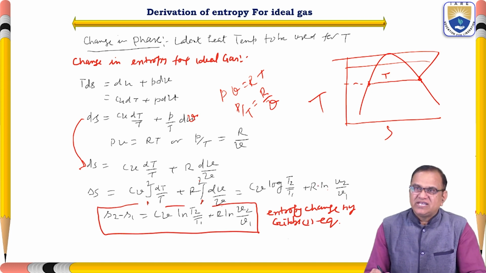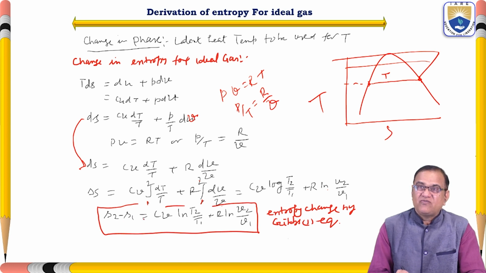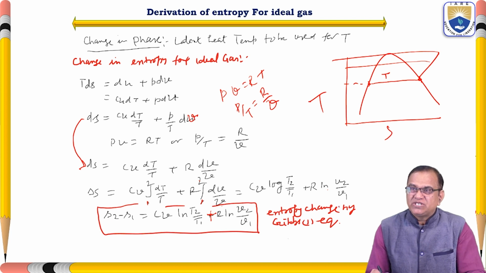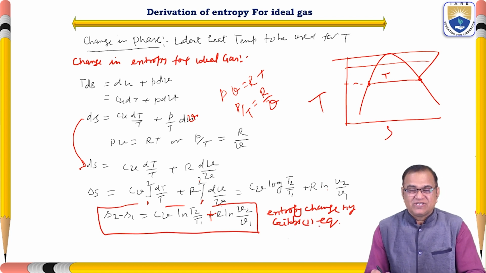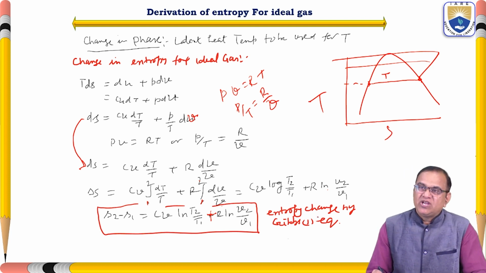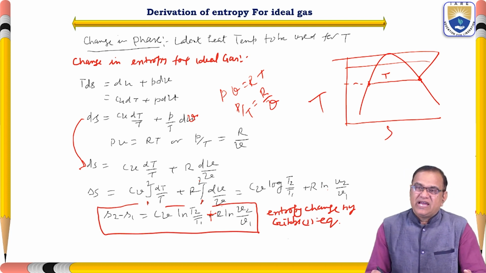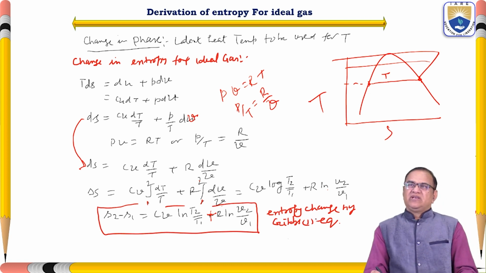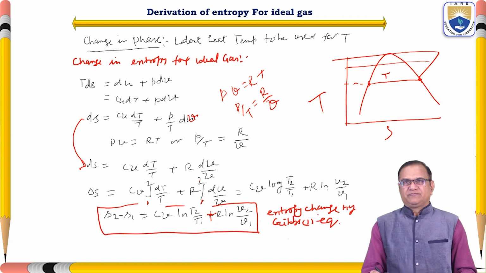So the change in entropy S2 minus S1 for the ideal gas is equal to Cv ln T2 by T1 plus R ln V2 by V1. This is the entropy change by the Gibbs equation. We have further derived the entropy change for the ideal gas with the help of the Gibbs equation.